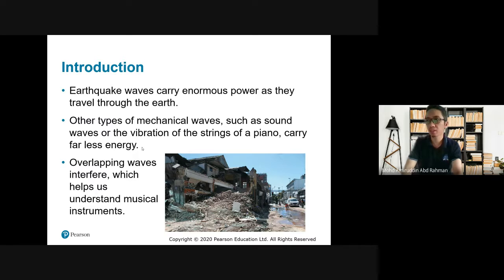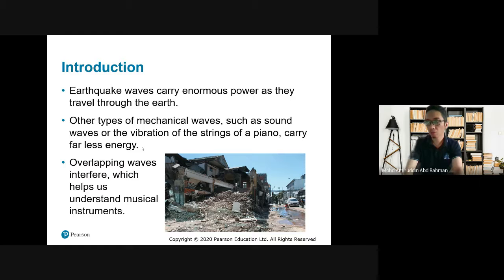For example, here we have the earthquake. An earthquake is actually one of the waves. It's actually the wave that moves the inner core of the earth, right? So when that vibrates, when there is interference between the waves, it can be something big.